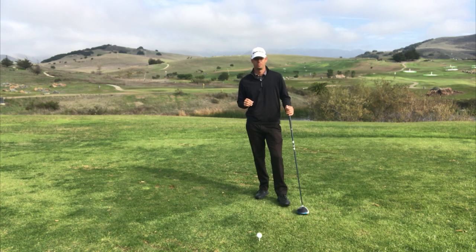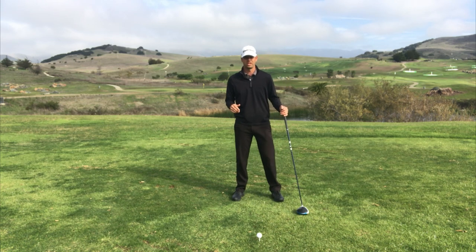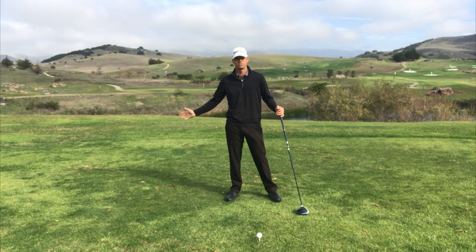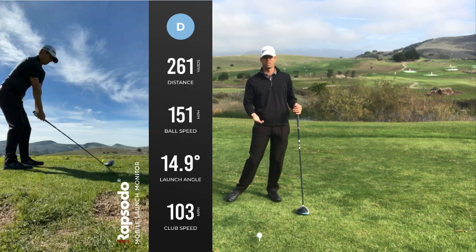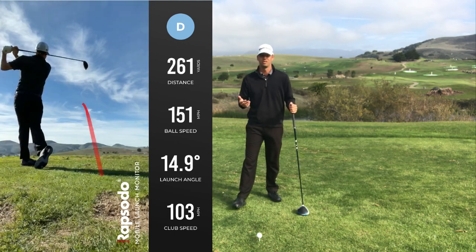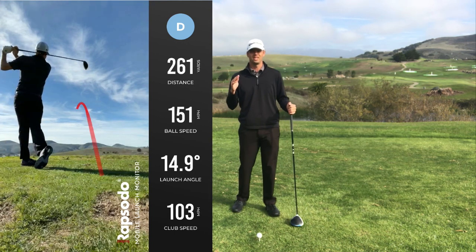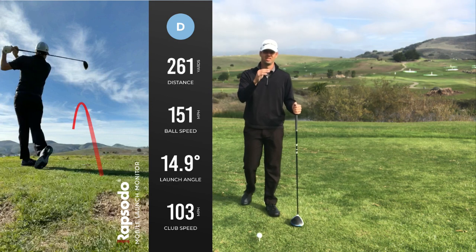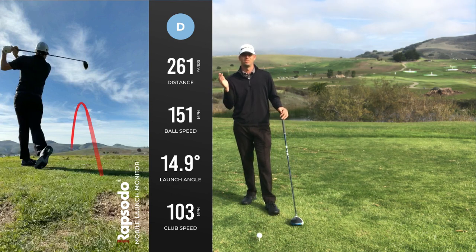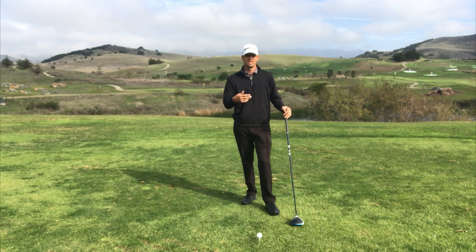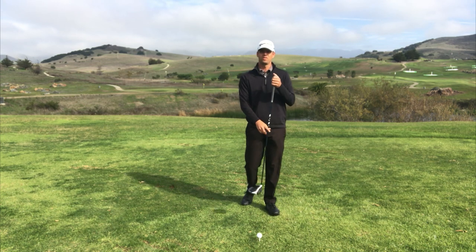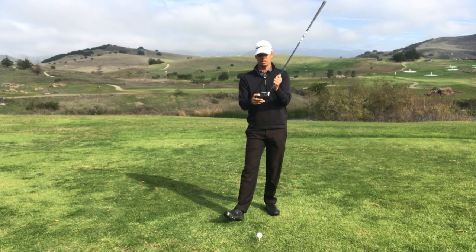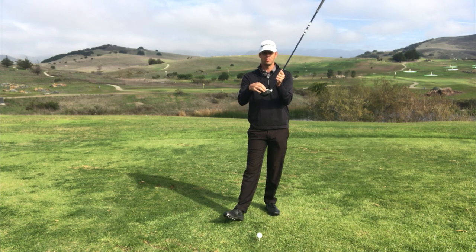Now, when we move the ball up in our stance, it's actually helping us reduce the spin that we're hitting on the golf ball. It's allowing us to hit it at a higher trajectory, which is going to allow us to land the ball further. And because we're playing in the wind, we're probably going to get added spin no matter what. The other thing you can do is try to catch the golf ball higher up on the face.